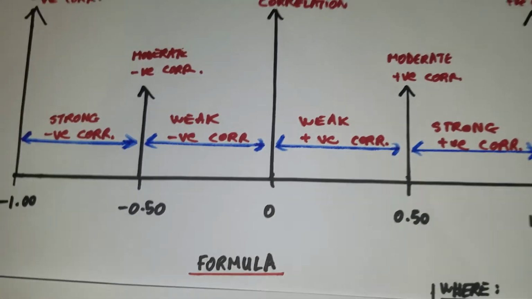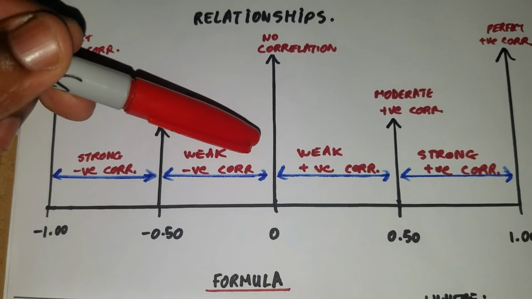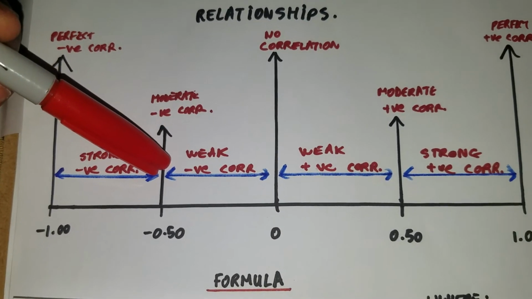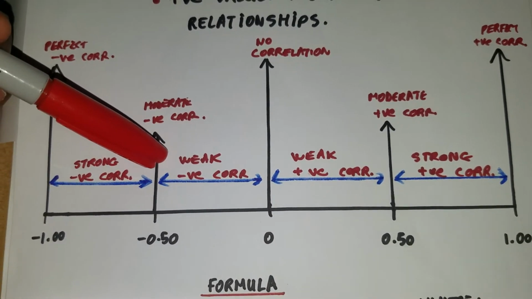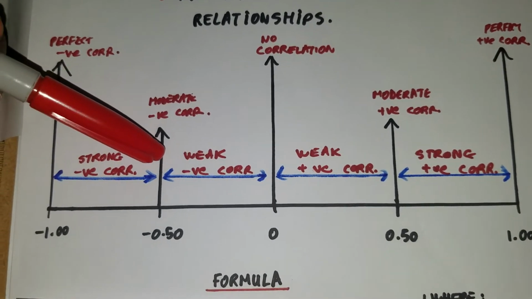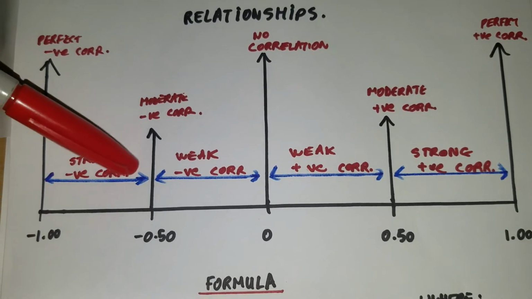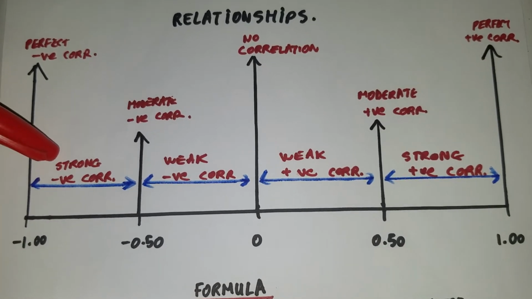Now, if we have values between 0 and -0.5, it will be considered a weak negative correlation, while if we have values between -0.5 and -1, it would be considered a strong negative correlation.